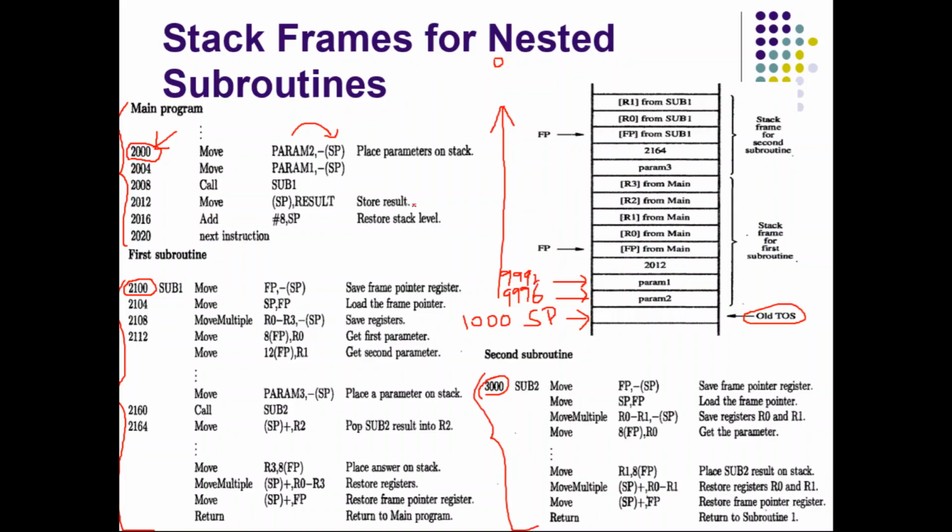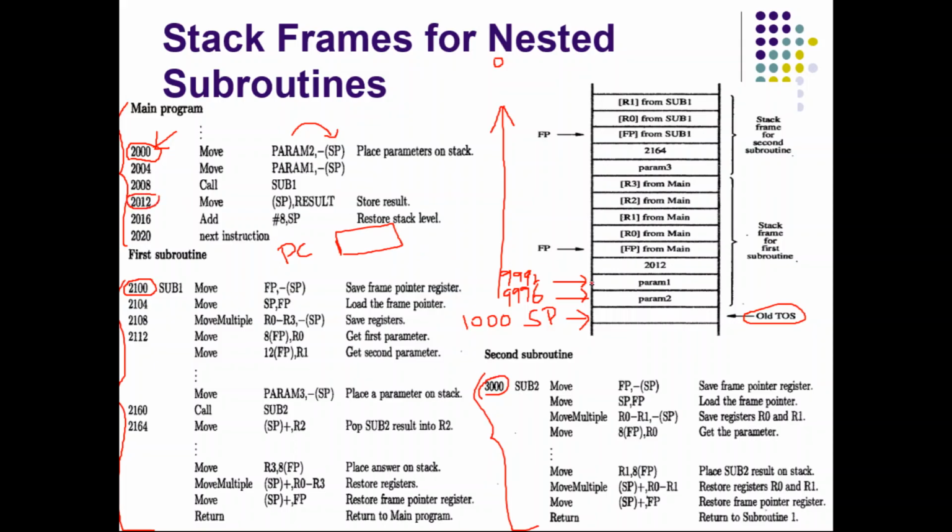Then call subroutine. Control should transfer to 2100, so PC will be set to 2100. But before doing that, the return address should be pushed into the stack. What is the return address? 2012.